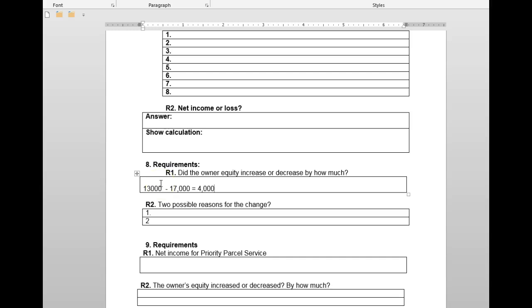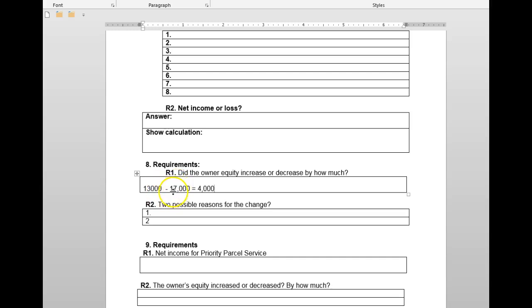I took the assets for the beginning of the period, 24,000 minus 11,000, came up with 13,000. That was my beginning owner's equity. I took the ending amounts, 34,000 minus 17,000 in liabilities, and came up with $17,000 in owner's equity.